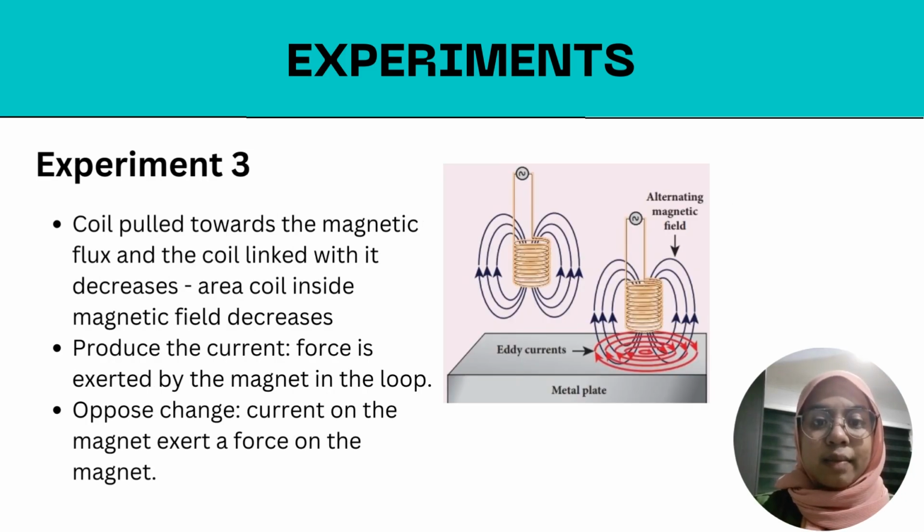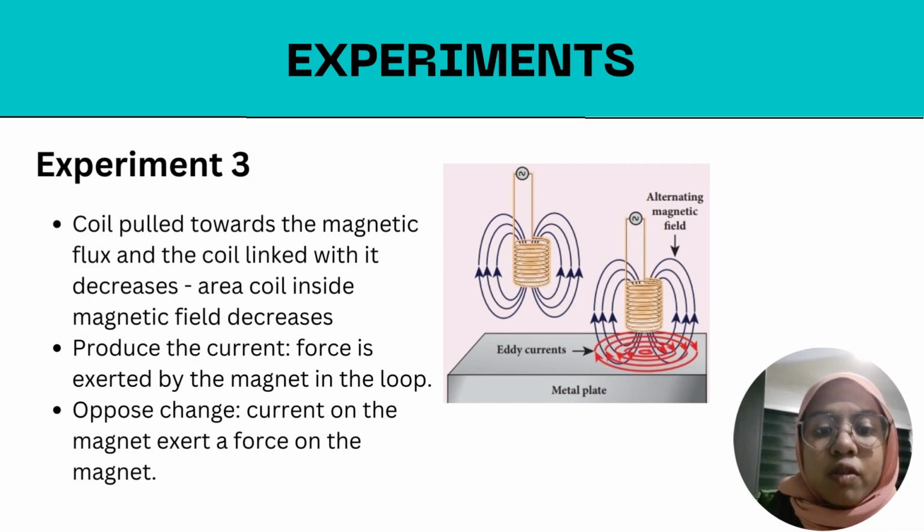For the third experiment, it concluded that as the coil is pulled towards the magnetic field, a change occurs in the magnetic flux linked with the coil. To produce the current, force is exerted by the magnet on the loop. The induced current in the coil exerts a force on the magnet to oppose the change that caused its generation.